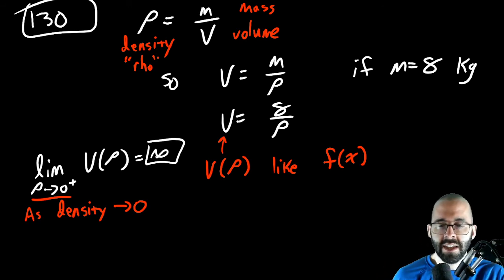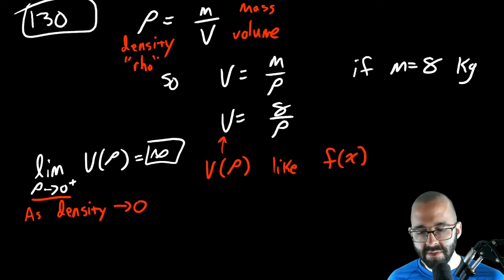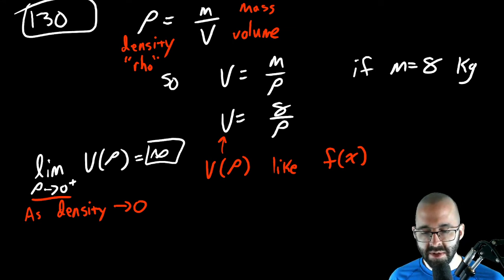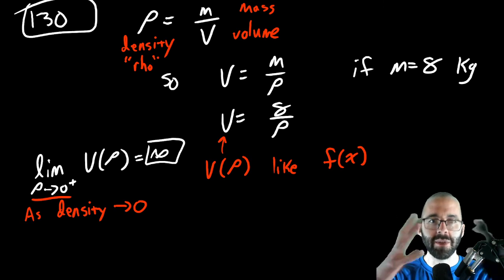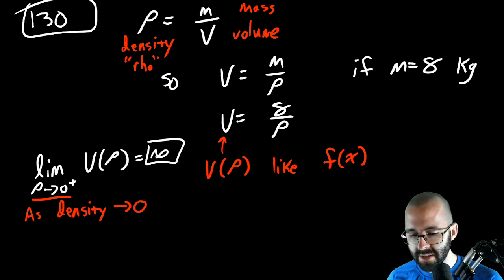So as the density goes to 0, again from the right, as something gets less and less dense, what's happening to the volume? So if something is 8 kilograms, and we're making it less dense and less dense and less dense, well, the volume has to be growing and growing without bound. And that's going to be our answer.